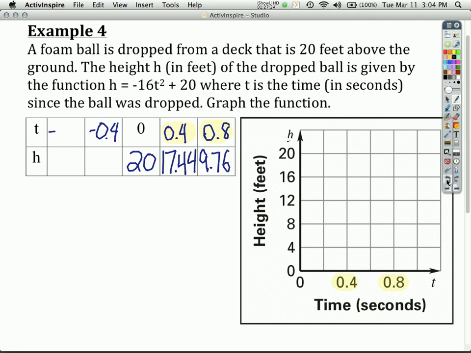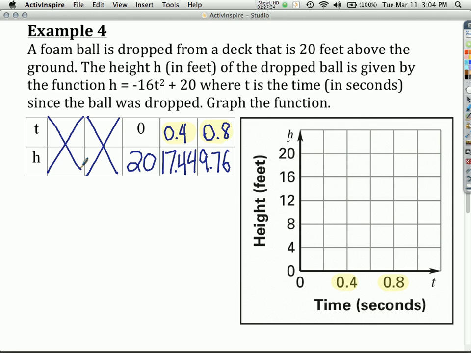So in fact, we cannot put negative 0.4 and negative 0.8. And in fact, I tried to trick you a little bit, but we will not use this side of the table. In fact, if you look at the graph, this is only the first quadrant, so it won't go to the other side. So now we can plot the points, and you are going to have to estimate a little bit. 0, 20, that's the vertex. 0.4, 17.44. Well, there's 16. 18 is going to be halfway, so a little bit less than that.